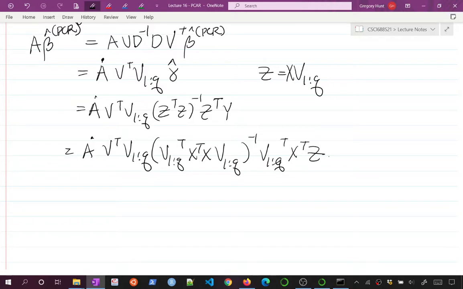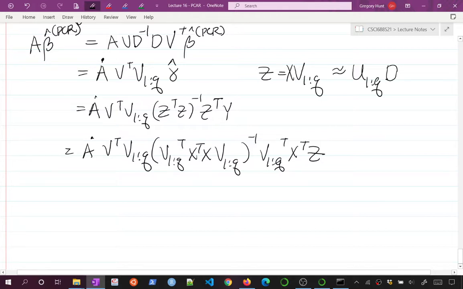And we can think of this thing, X times V, as basically being U1 to Q times D. Some caveats there, but basically that's what's happening.